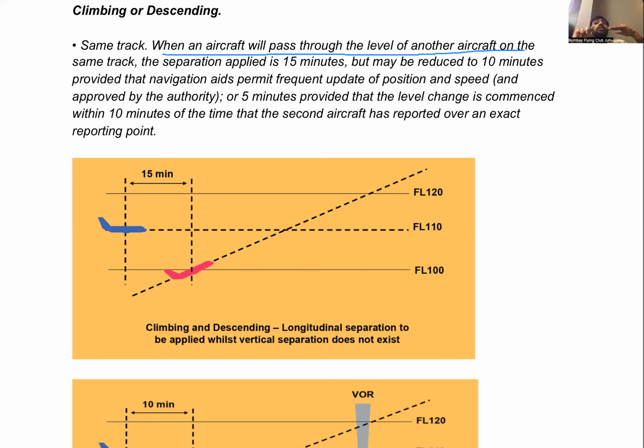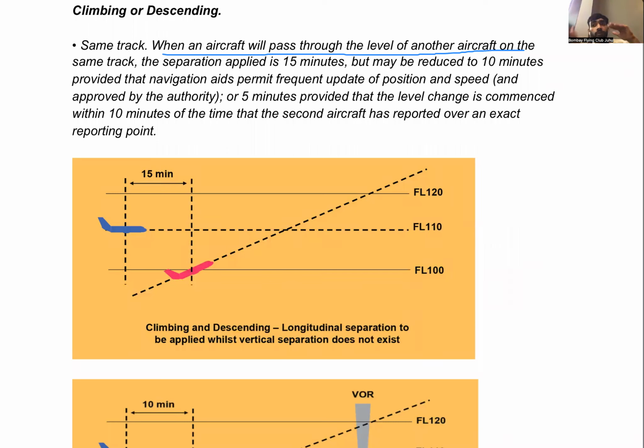That is the standard. It can be reduced to 10 minutes also if frequent determination of position and time has been shared by the aircraft that is crossing the level.